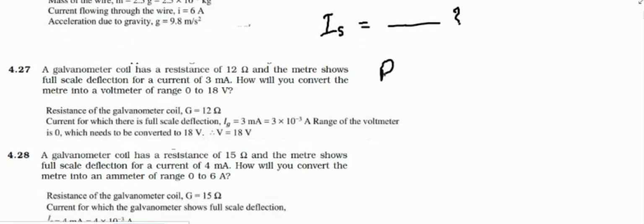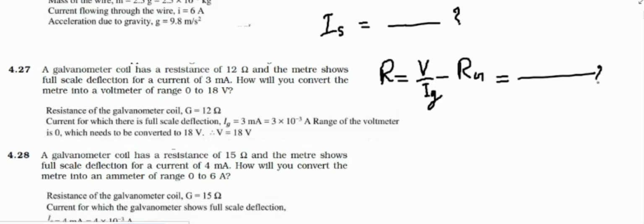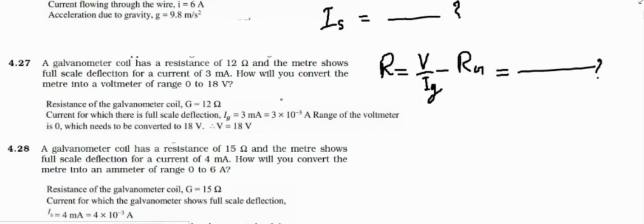So you need to connect a high resistance in series, and the equation for that high resistance R is equal to V by Ig minus Rg. Ig is the current for full scale deflection, Rg is the galvanometer resistance. By connecting resistance R, you can construct the voltmeter.